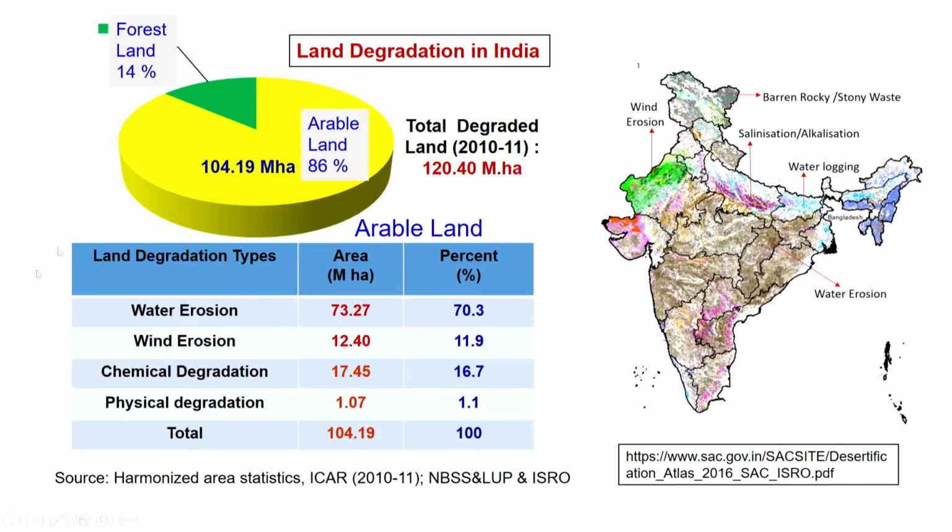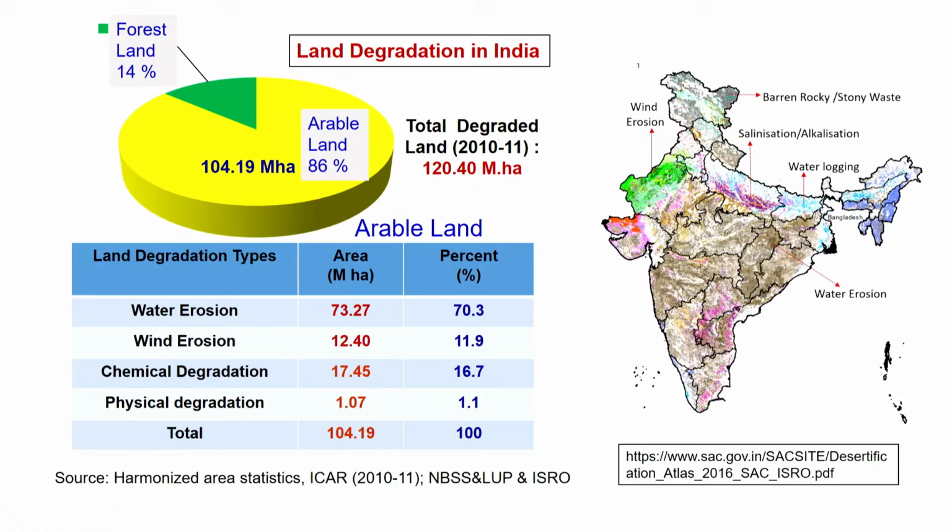And of the 120 million hectares, 104 million hectares, or 86%, is agricultural land, and 14% is forest land.